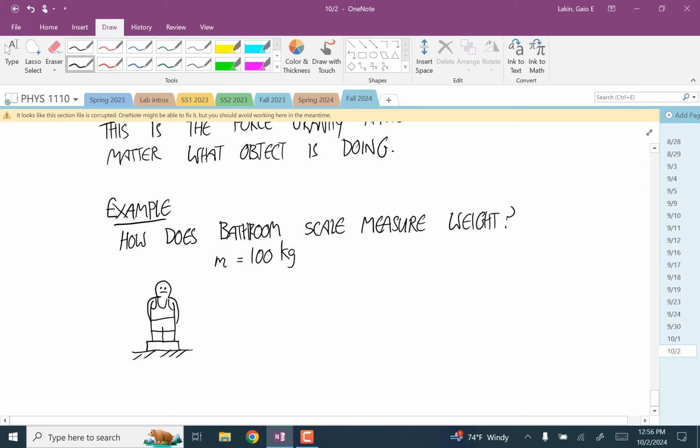And the scale, there's no way for the scale to directly measure the force gravity applies to the man. Okay. But what the scale can do is measure the force that the scale applies to the man. So that's what we're going to figure out. What's the force applied to the man by the scale?